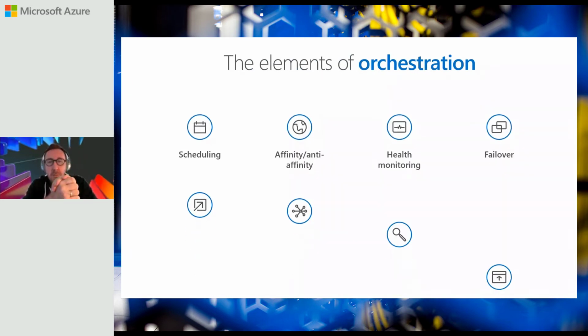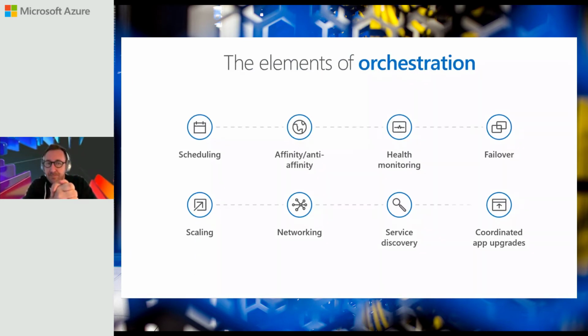Of course, if we talk about Docker, we typically talk about orchestration, and the elements of orchestration are things like health monitoring. You have to have high resiliency, which comes together with scheduling, scaling, and service and health monitoring again.